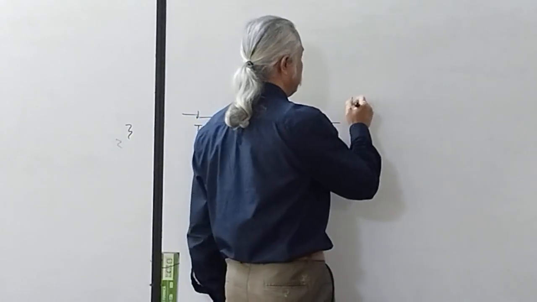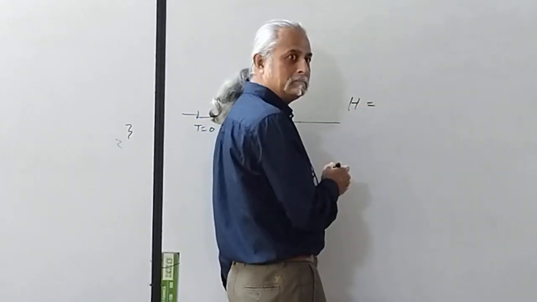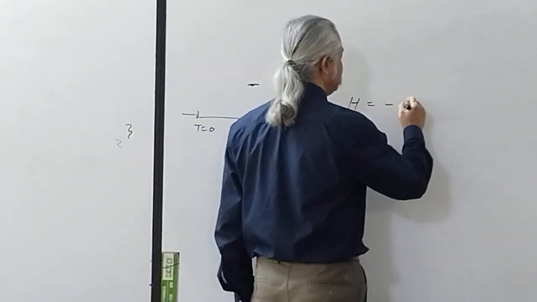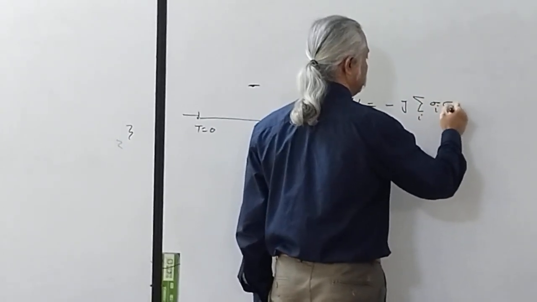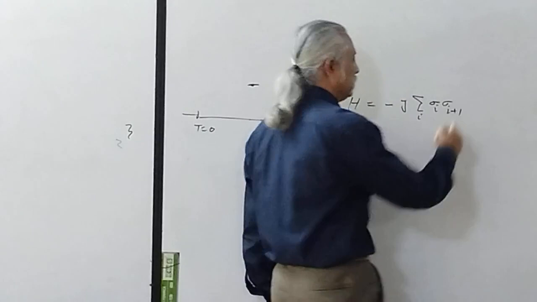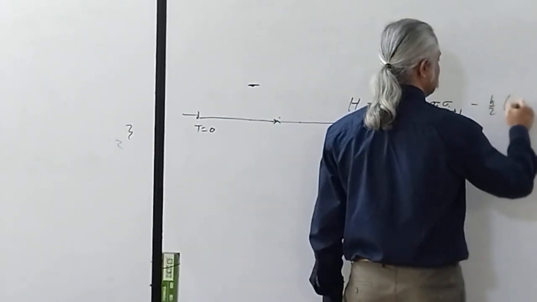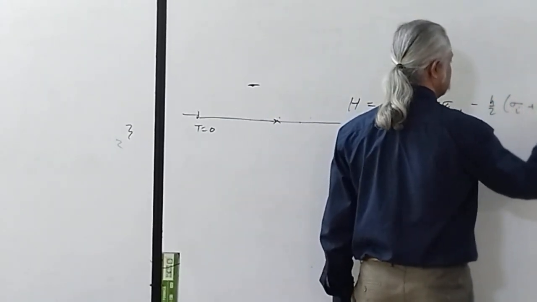So, Ising model করতে গিয়ে আমরা হ্যামিল্টনিয়ান তো আমরা ডিফাইন করছিলাম H equal to J minus sigma i sigma i plus 1 minus h by 2 sigma i plus sigma j.